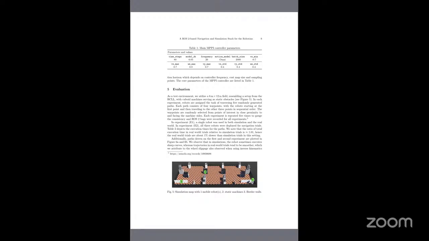Frequency 20 Hz. Every second, the controller will send new commands 20 times. Motion model Omni. This is not a differential drive robot, right? This will be moving in forward, backward, sideways, diagonal, rotation.